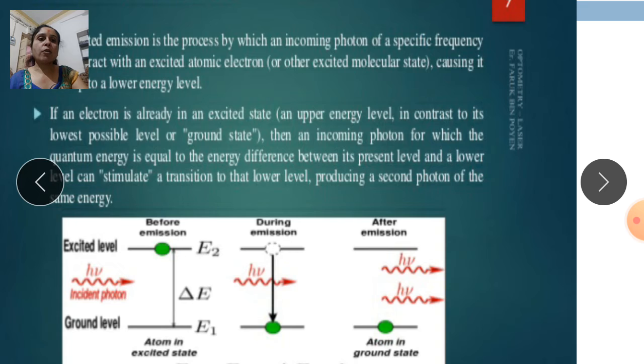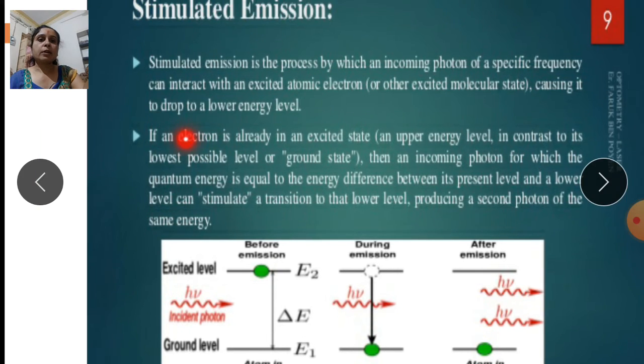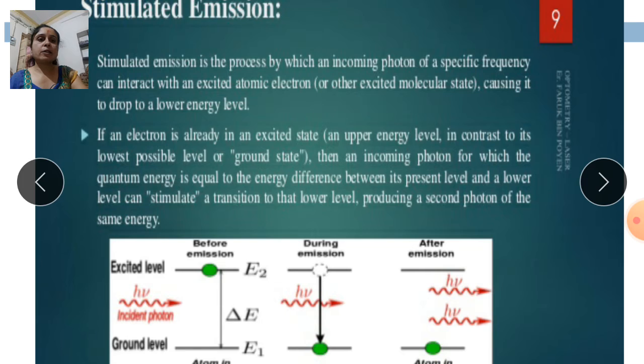The atom is already present in the excited state, in the upper level, and it goes to the lowest possible level, the ground state. Then the incoming photon has quantum energy equal to the energy difference from the E2 to E1 level.